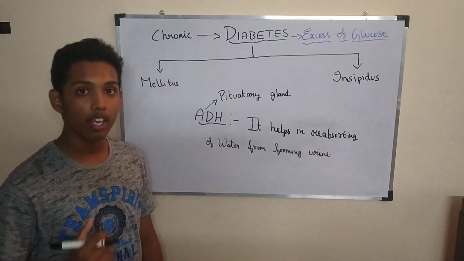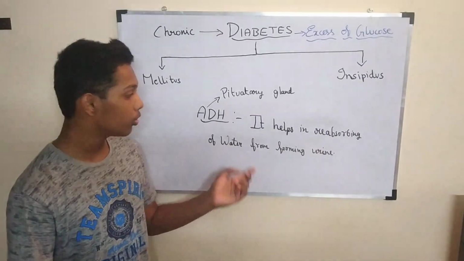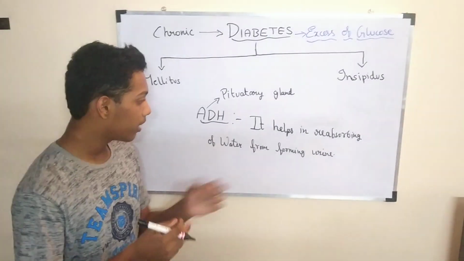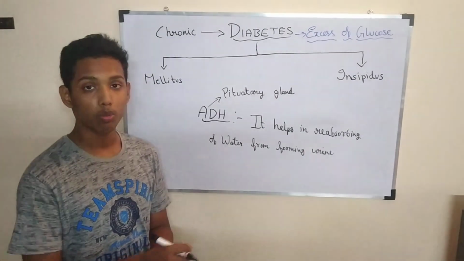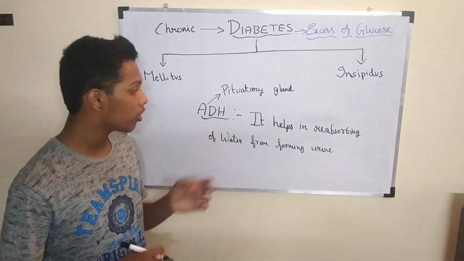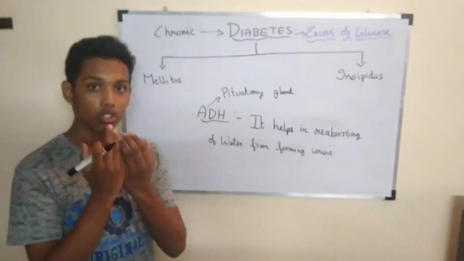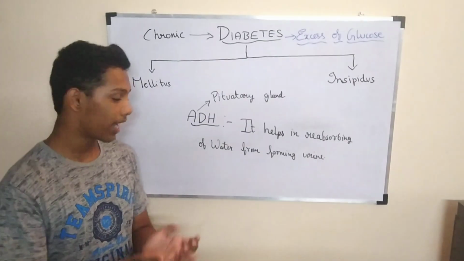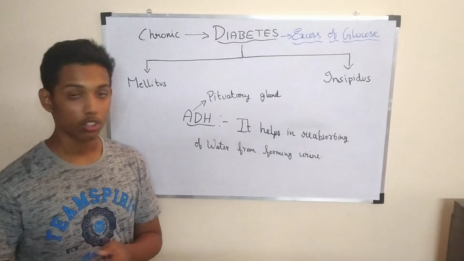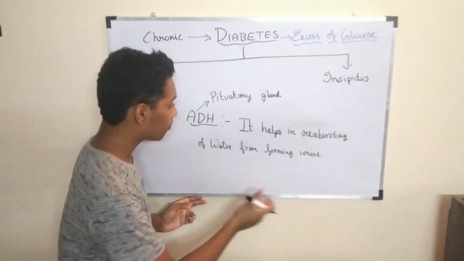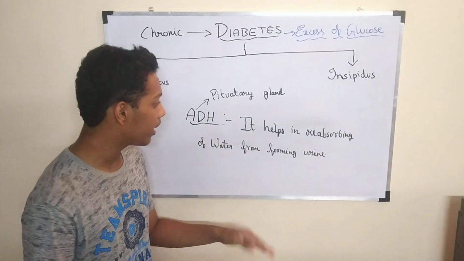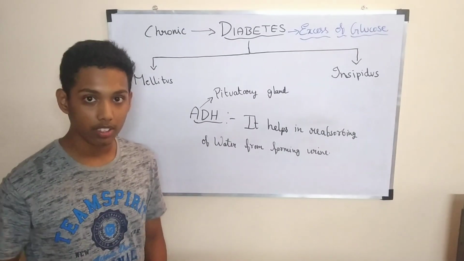But what if you don't have ADH hormone? You keep on drinking water, and because you don't have ADH hormone, there won't be any reabsorbing of water from the forming urine. So you'll again excrete the urine, again drink water, and keep on excreting. All the time you'll be excreting and drinking water, and you'll feel very thirsty.